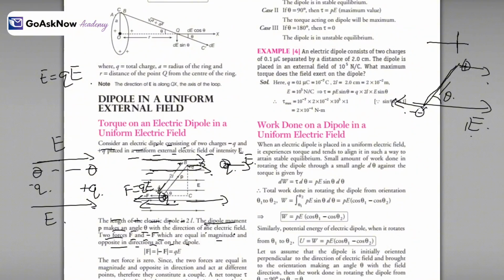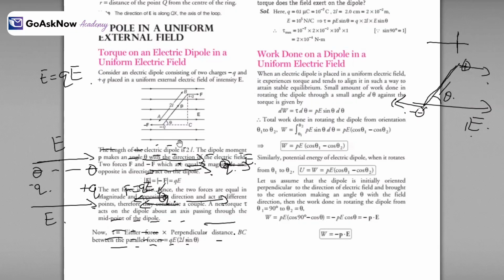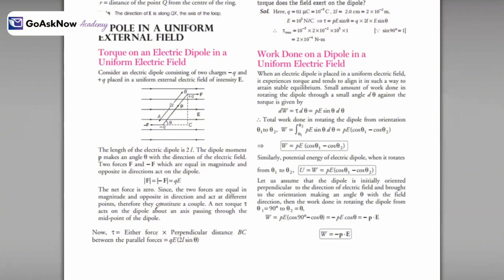You can see that the net force here is zero, because in this system one force has this direction and the other has the opposite direction, and both magnitudes are equal. So the net force on this system must be equal to zero.